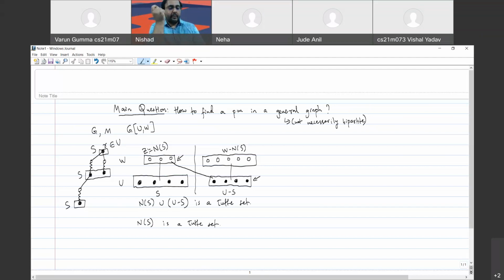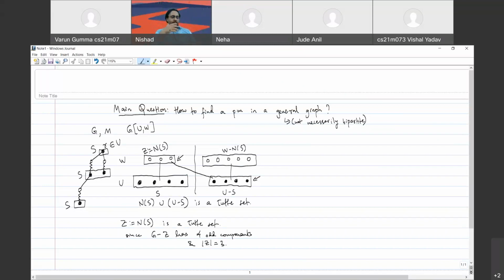In particular, each one will be a component in itself. So you have deleted 3 vertices and you are getting 4 odd components, right? So observe that this itself is already a Tutte set, since the graph G minus Z has 4 odd components in this example, and the cardinality of Z is exactly 3.